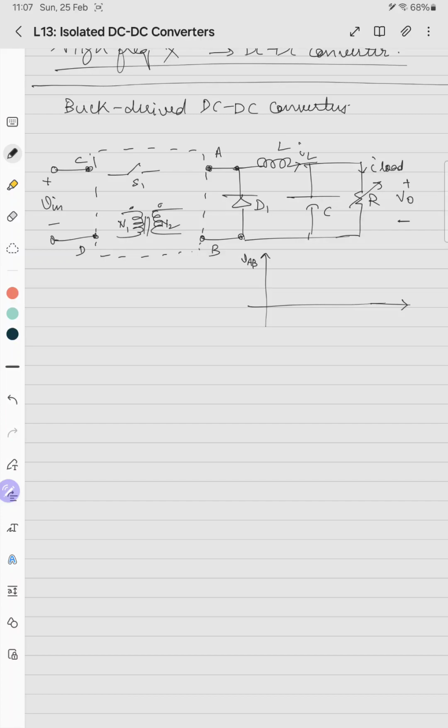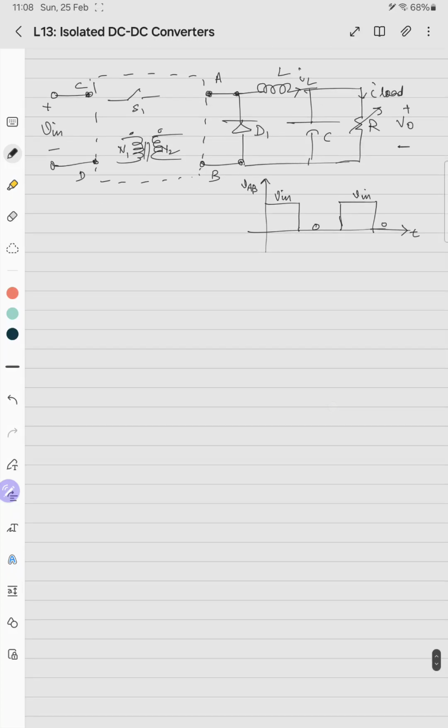When switch S1 is on, the voltage across D1 is plus V in, and when it is off, the diode is forward biased and the voltage across the diode is 0. So this is V in, 0, V in, 0. This is the waveform of the voltage VAB.